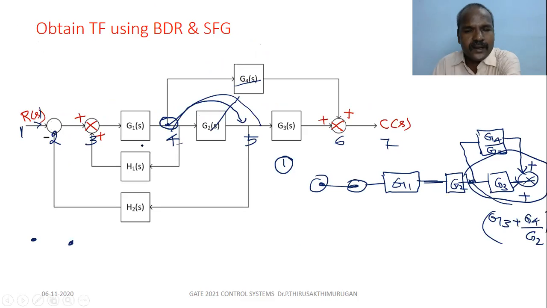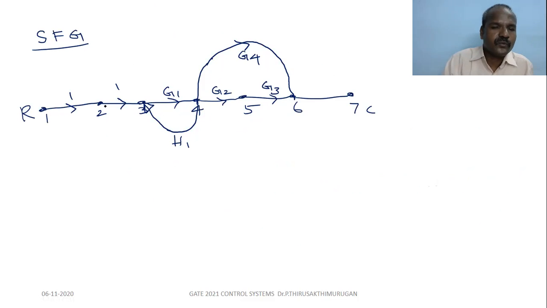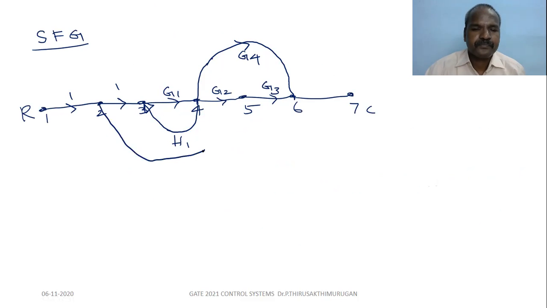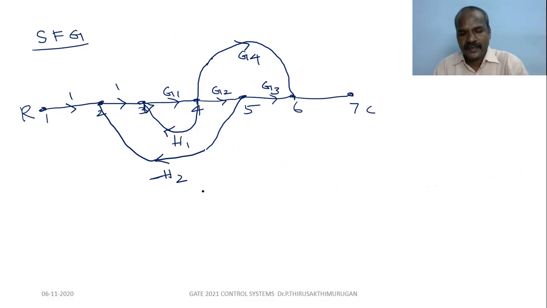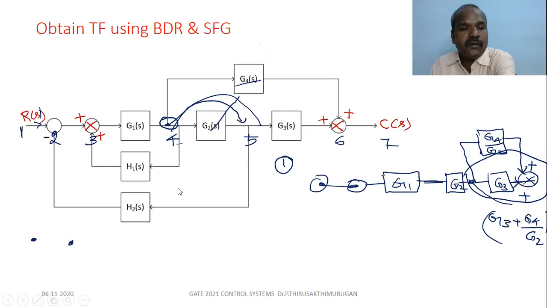Between 5 and 2 there is a feedback, H2. We should put minus because it is negative feedback. So minus H2, and this branch is in the reverse direction. Okay, G1, G2, H1, everything is over, right? That's all.